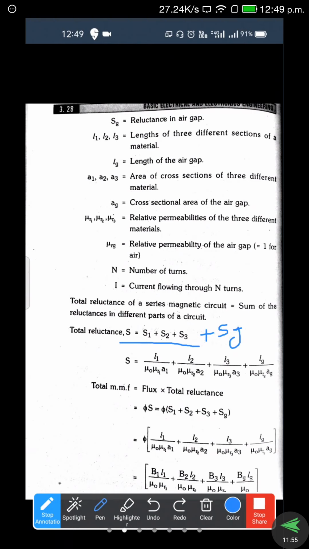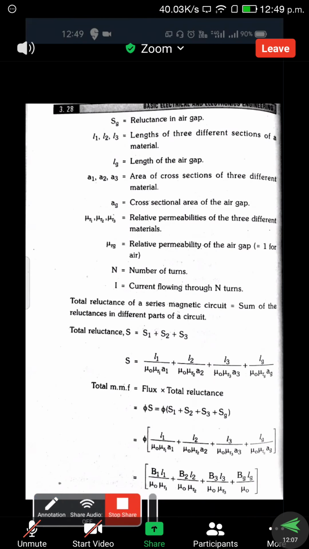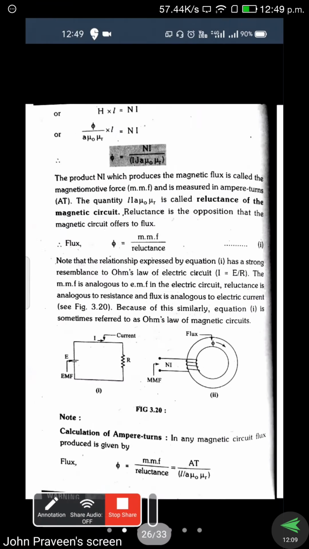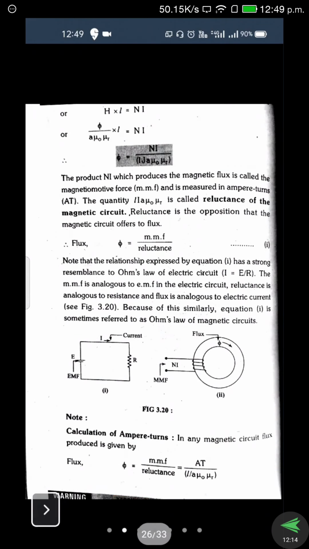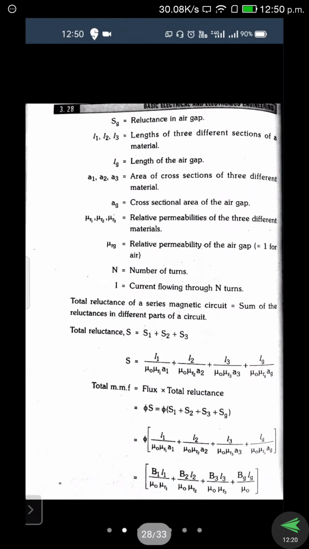We substitute the S1 value first. We already derived the reluctance value in the previous equation. The reluctance is L by A into mu naught into mu R. That is the reluctance formula, and the same formula is applied here.